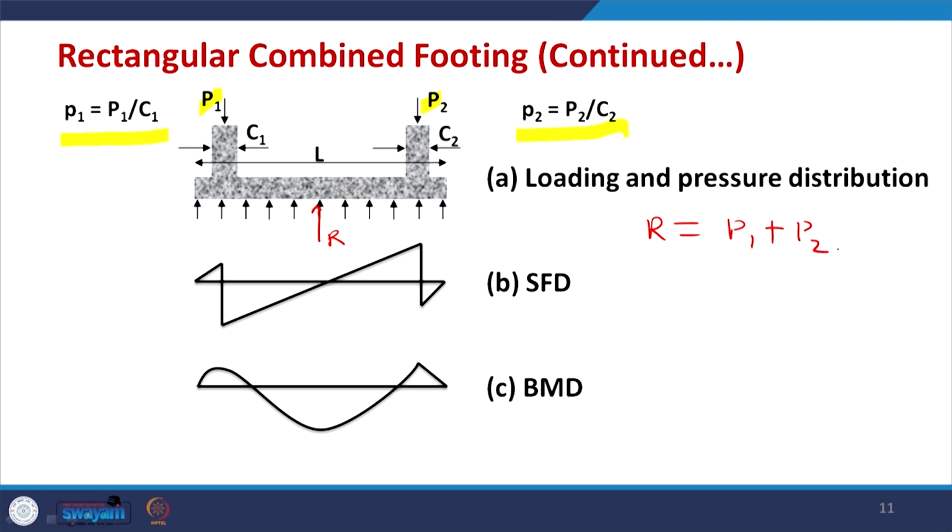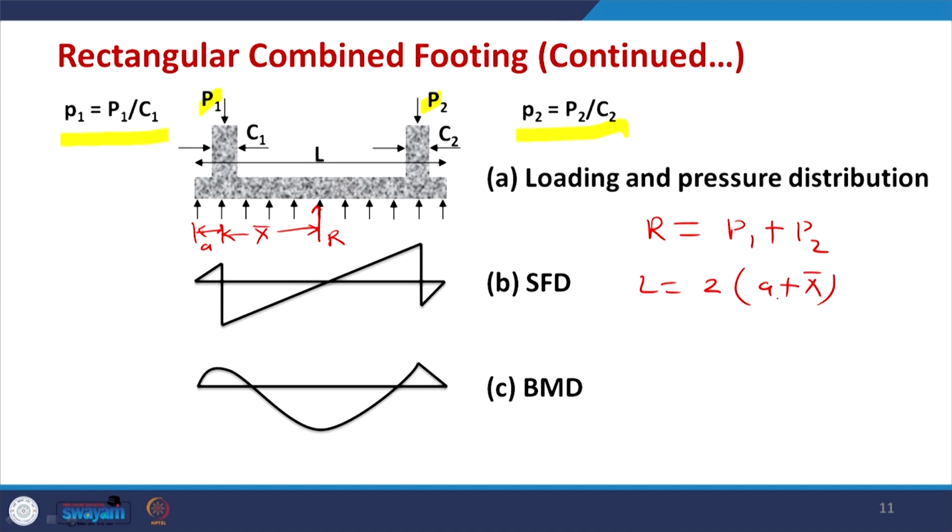Now, if the location of R from this is x bar, then in that case the length will be, let us say this dimension is C1 by 2, and then you have this A, let me put it like this. So, L will be 2 times A plus x bar.